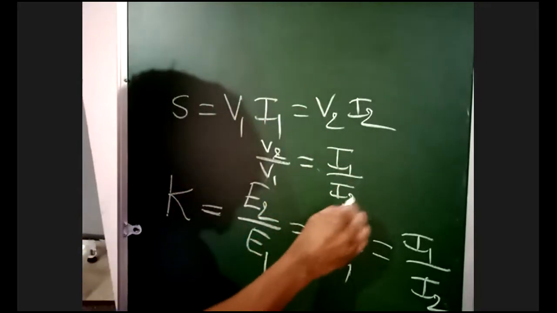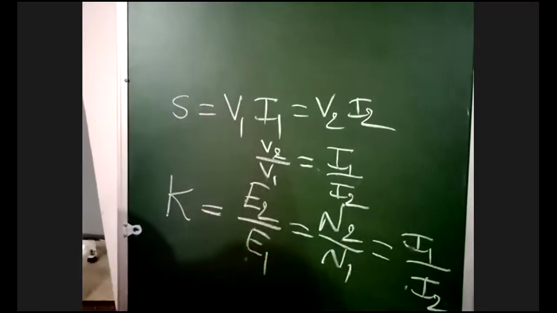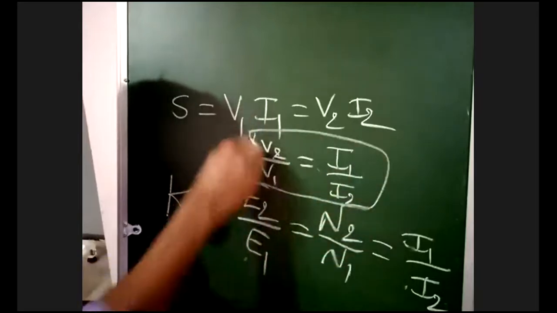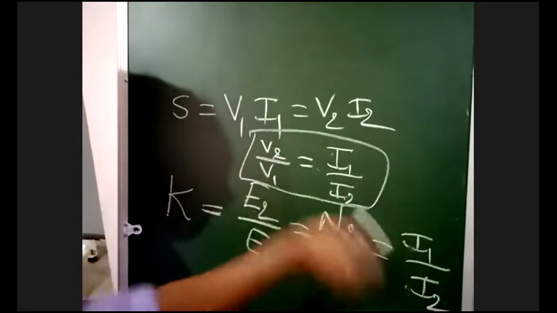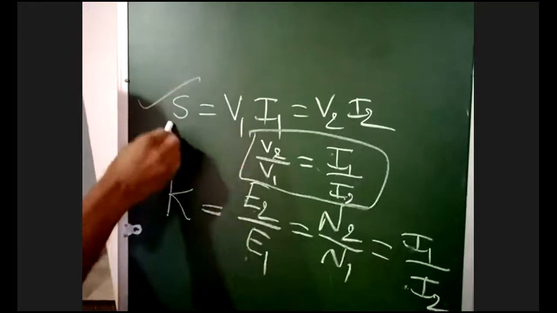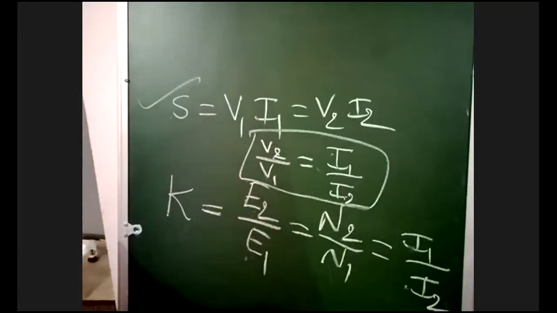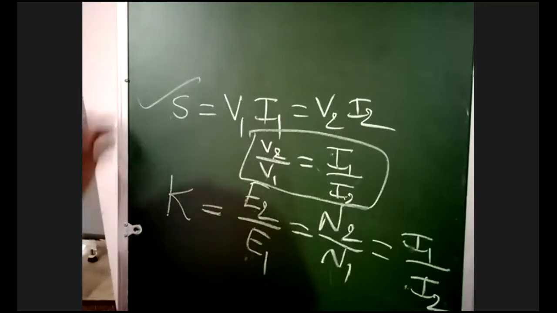Is it satisfied? V2 by V1 is equal to I1 by I2. That's why I have written it. Remember this formula, then you will get the relation. That is the transformation ratio. This formula you have to remember. We'll use this formula in the problems.